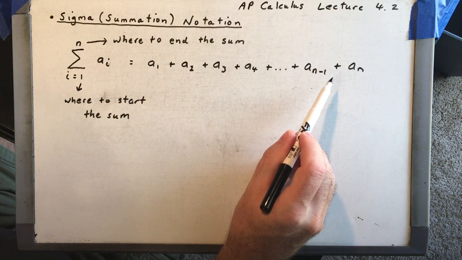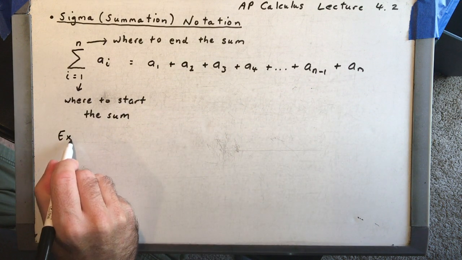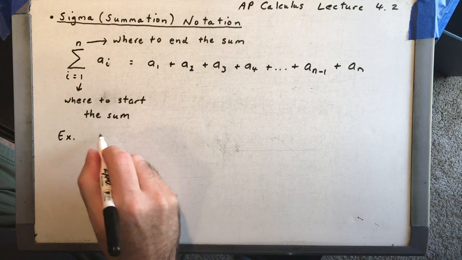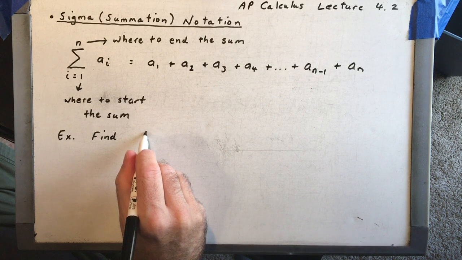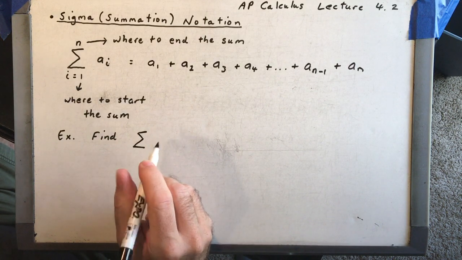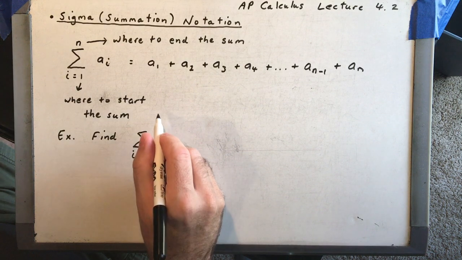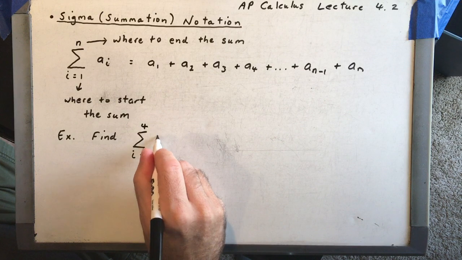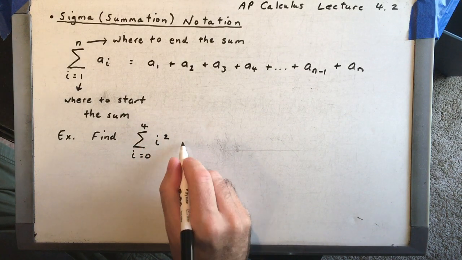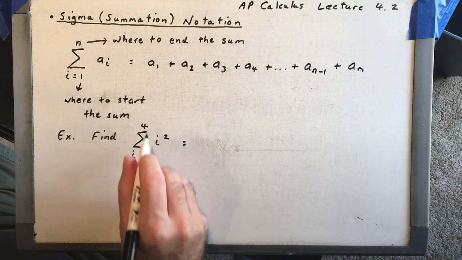Okay? So let's do some examples. Our first one is find the sum from i equals 0 to 4 of i squared. You just start at 0 and then you increase by 1 each time.